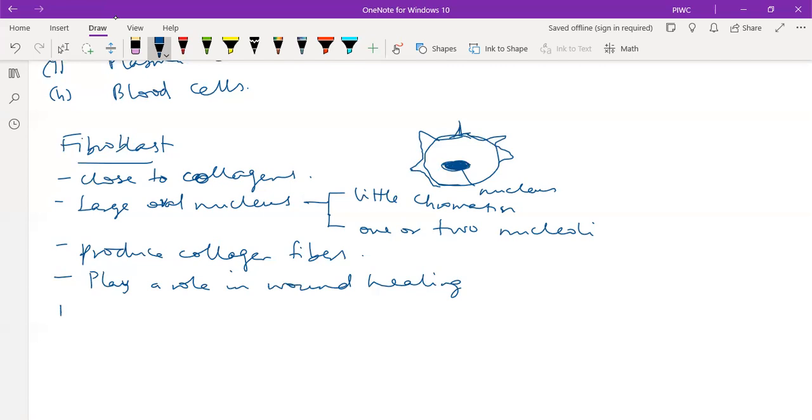Now, what about the macrophages? The macrophages are present in loose connective tissue in about the same numbers as the fibroblasts, although they are subject to considerable variations.